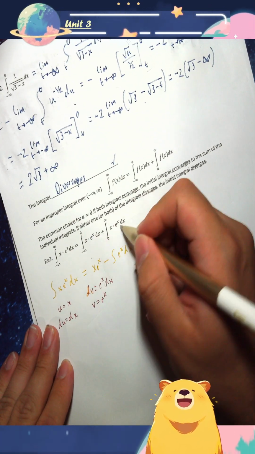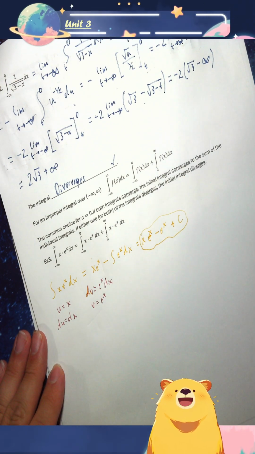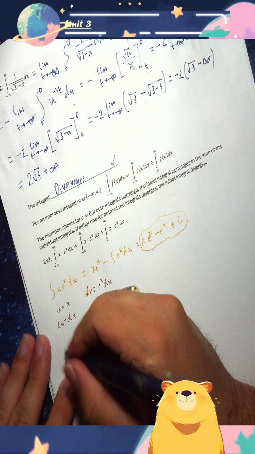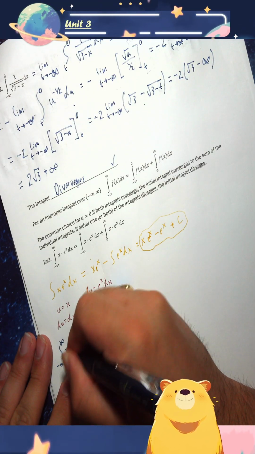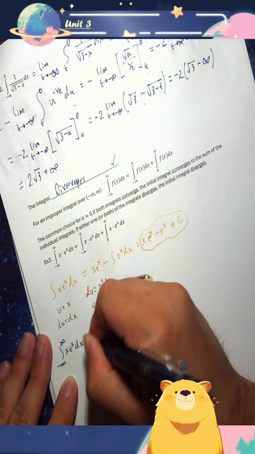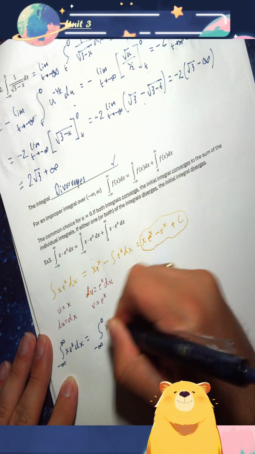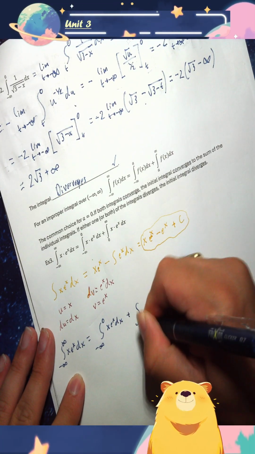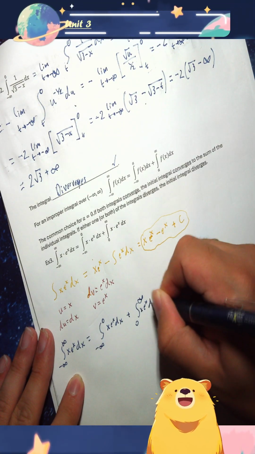So this limit, I'm going to rewrite it here, in a different color since I'm now back to the original problem. The integral from negative infinity to infinity of x e to the x dx got split up, right? Negative infinity to 0 of x e to the x dx plus 0 to infinity of x e to the x dx.